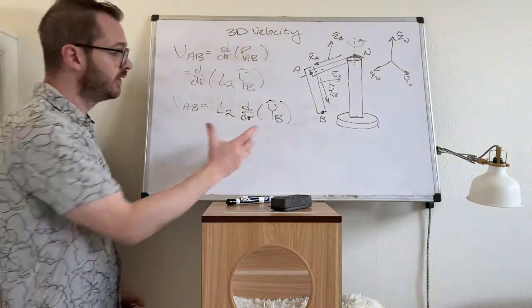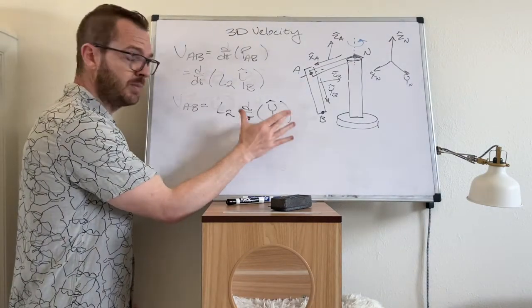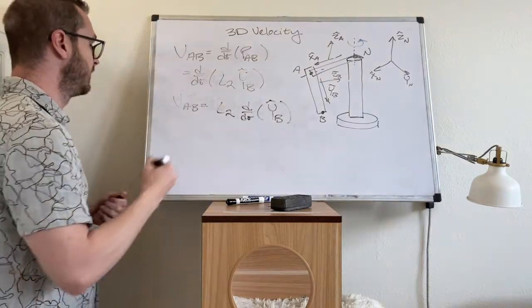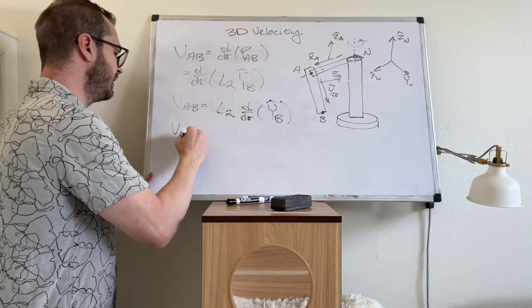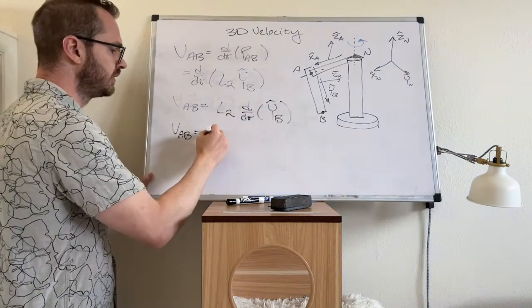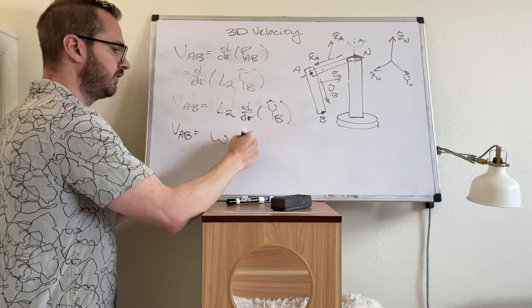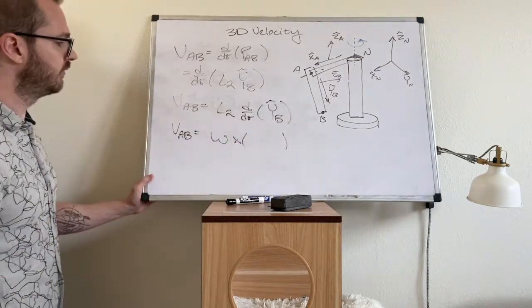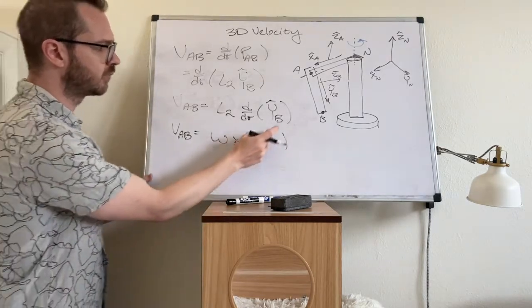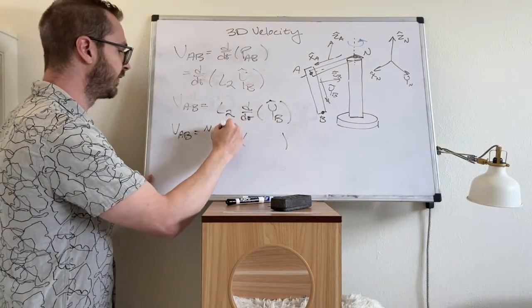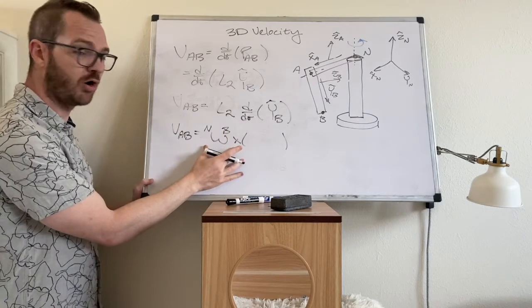Now, whenever we see ddt of a moving frame, we can replace this term using the transport theorem. So VAB is going to equal transport theorem every time. It's omega cross something. The omega in this case, we're taking the derivative of the B frame, so we need the angular velocity from N to B. It's always the total.